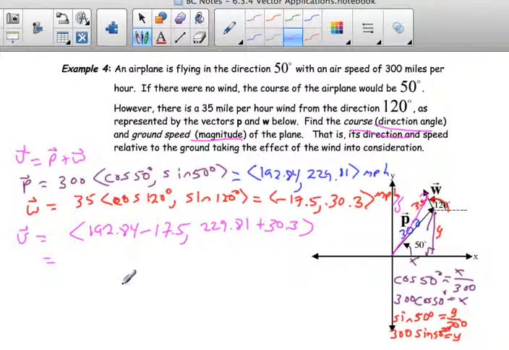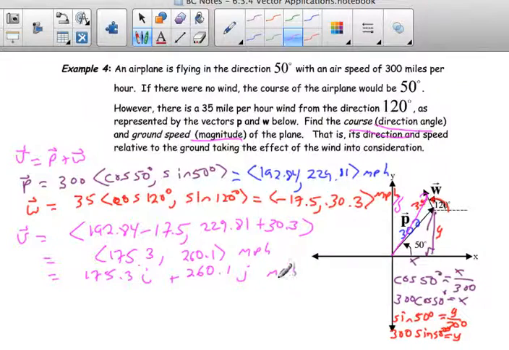So V is going to be equal to 175.3 in the x direction and 260.81 in the y direction. That's in miles per hour. We could write that equivalently as 175.3 I plus 260.1 J miles per hour.